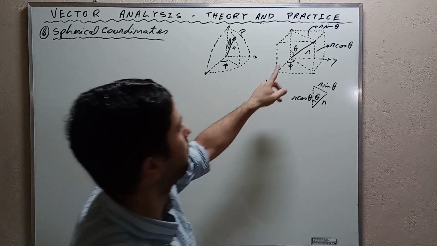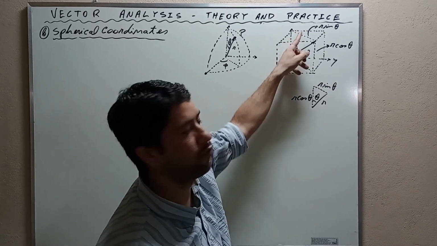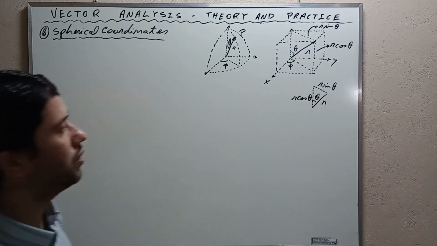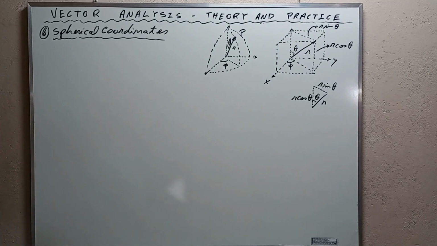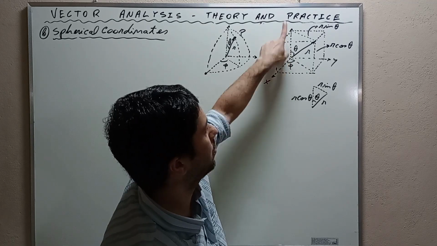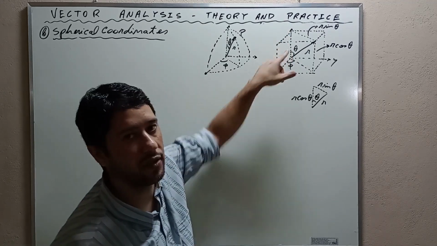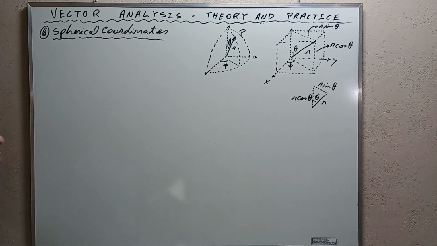And as it is in front of the angle, then it is r times the sine of the angle. How about this side here along the z direction? It is at the side of the angle, not in front.